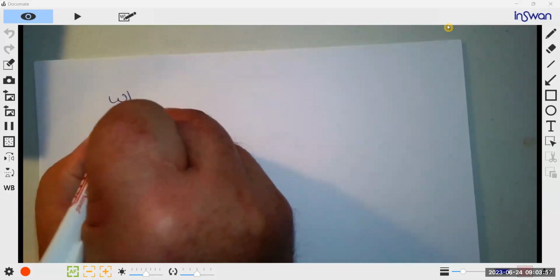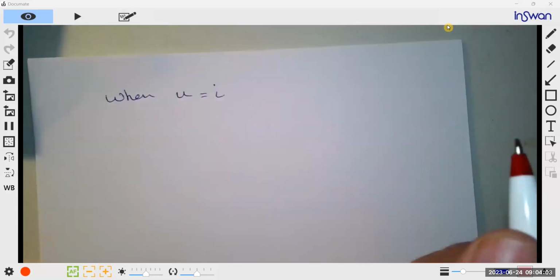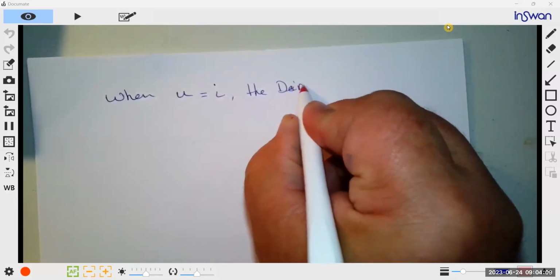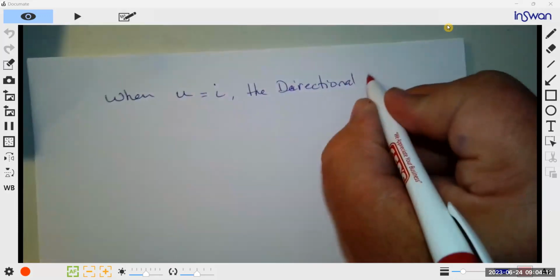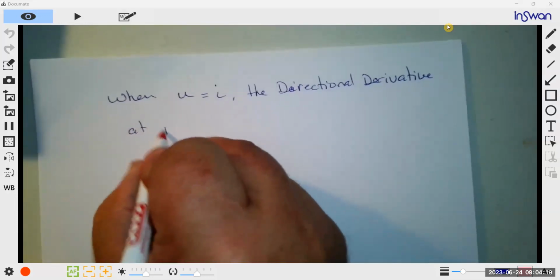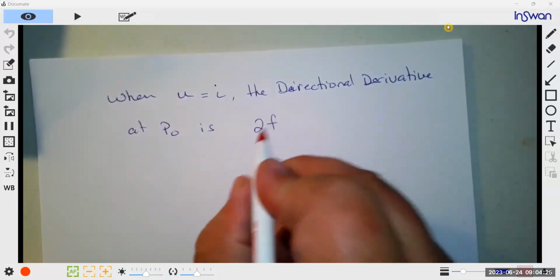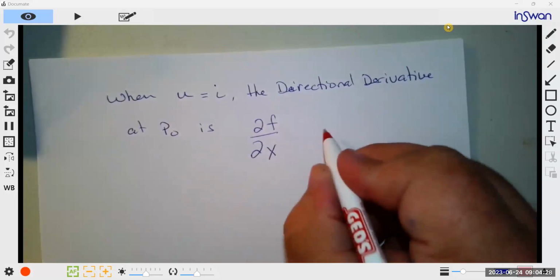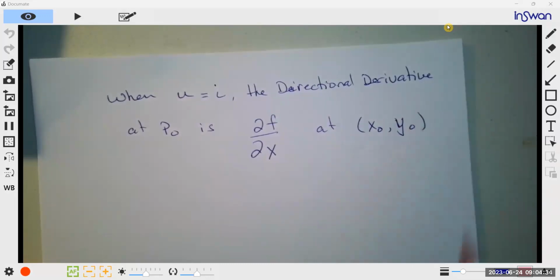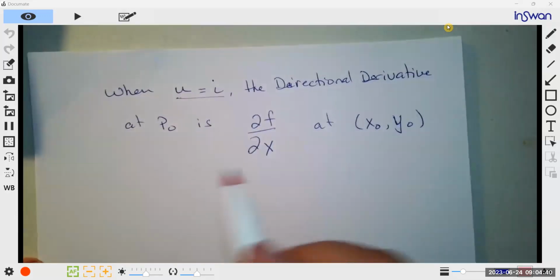So when the vector u just equals i, the directional derivative at P sub 0 is the partial of f with respect to x at some point x sub 0, y sub 0. That's if we just have the i component, which is the x component.